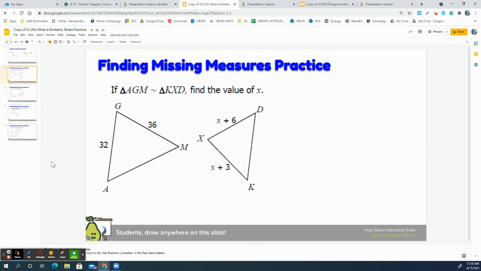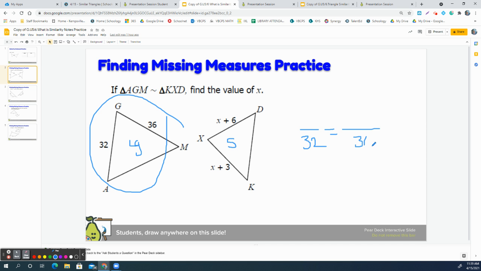All right, let's look at slide 2 and see if we can actually make some solves for some x's here. So when you've got two triangles, this one visually looks small and this one visually looks large, right? I always start with one triangle. Because that looks to me like it's the large triangle, I'm going to put 32 and 36 on the bottom in the denominators.